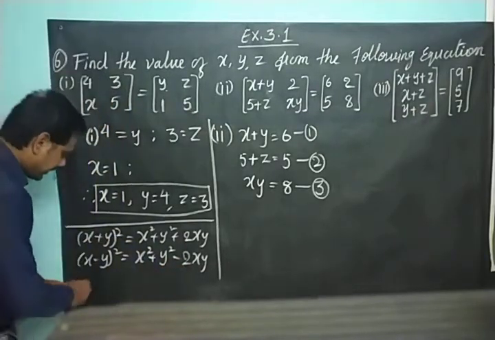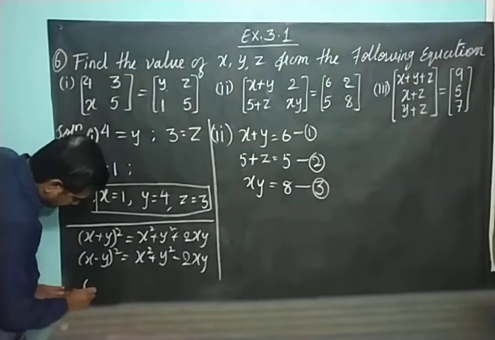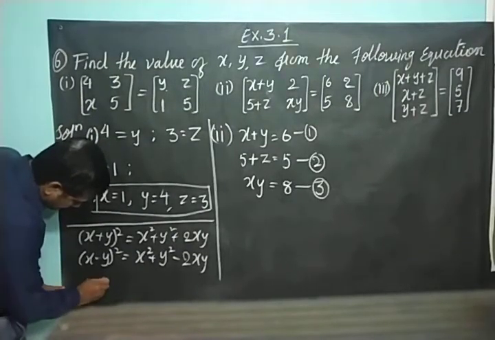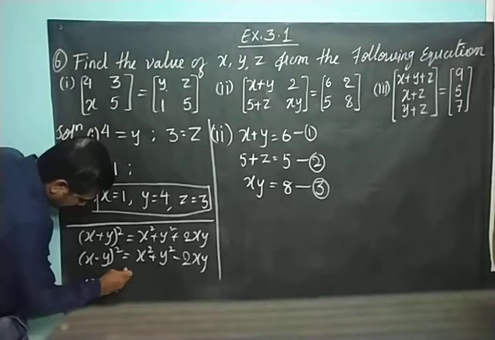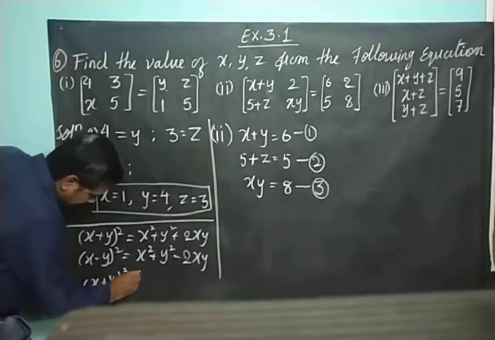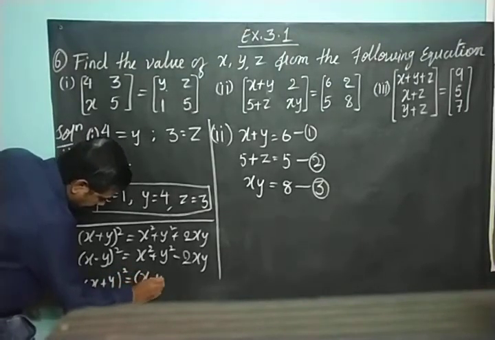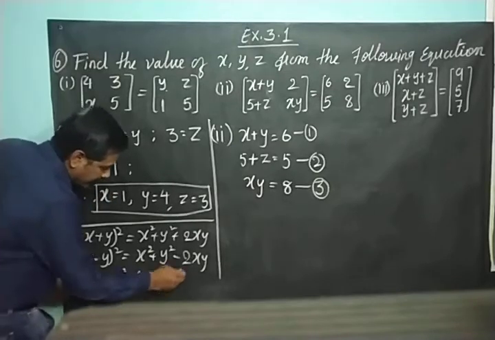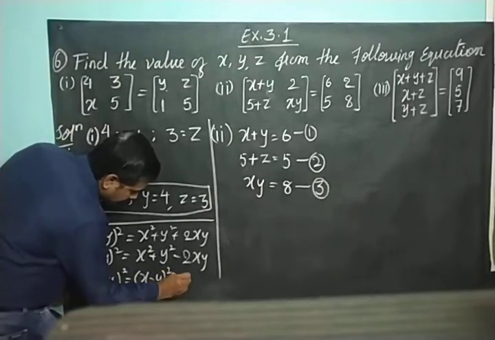So I can write x plus y the whole square as x minus y the whole square plus 4xy.